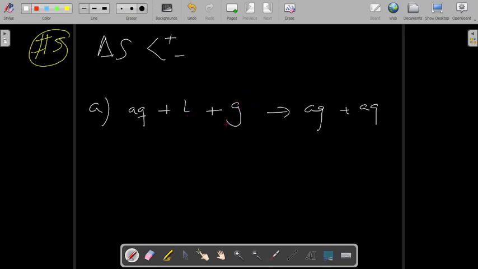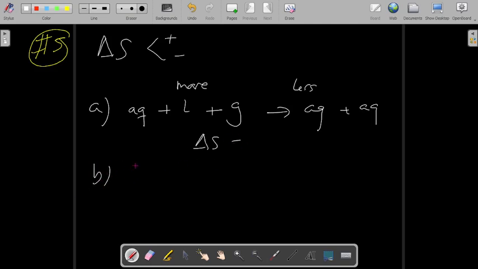Oh, okay, so this is really chaotic. So basically this went from chaos to less chaos. What does that mean? That the change in entropy here was negative. That's what it means. Okay, it went from more to less, and that's a loss of chaos. So it has a negative sign.